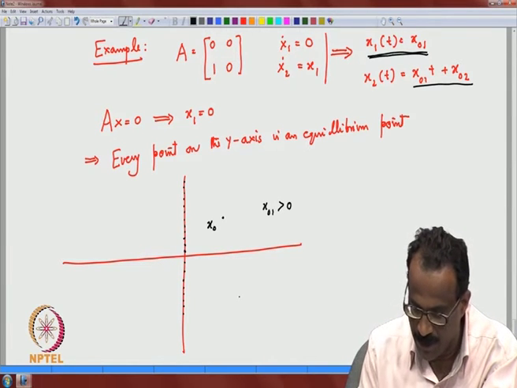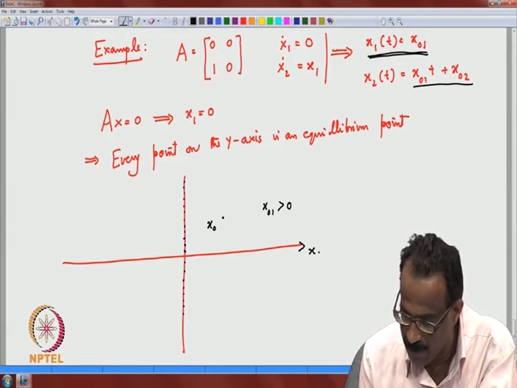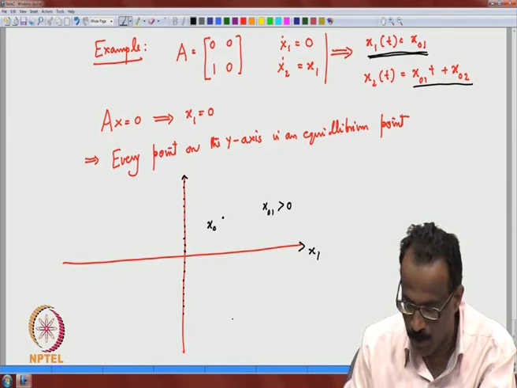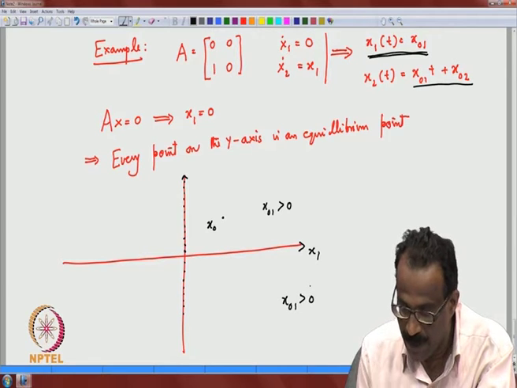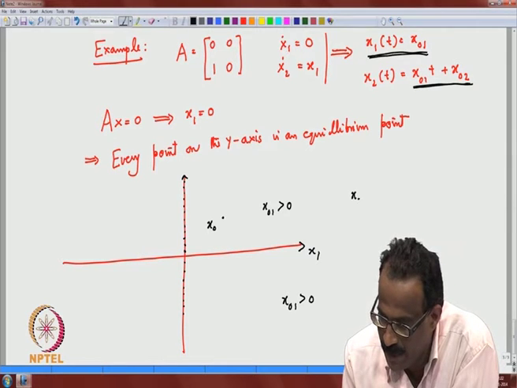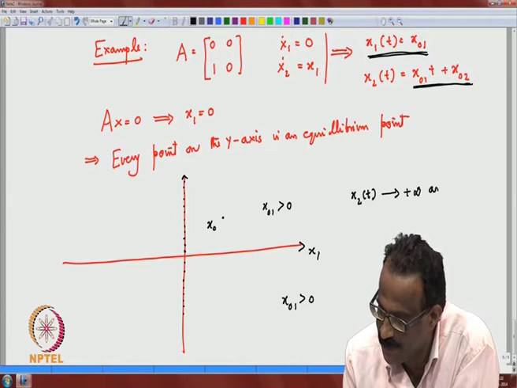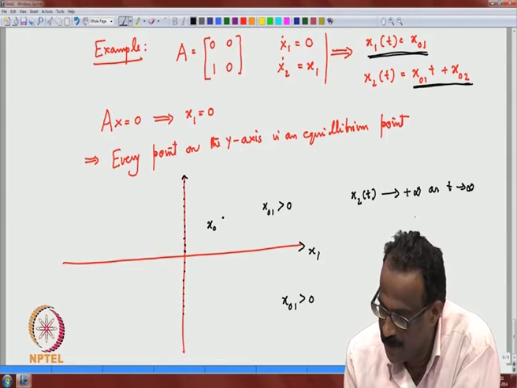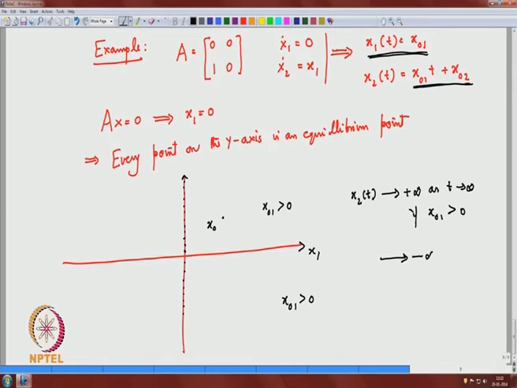sorry. So if you look at this portion, this is the x1 axis. On this portion here also x01 is positive, and in this case x2(t) tends to plus infinity as t tends to infinity if x01 is positive, and it tends to minus infinity as t tends to infinity if x01 is negative.